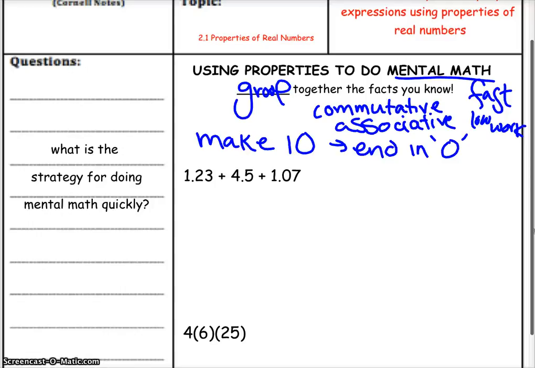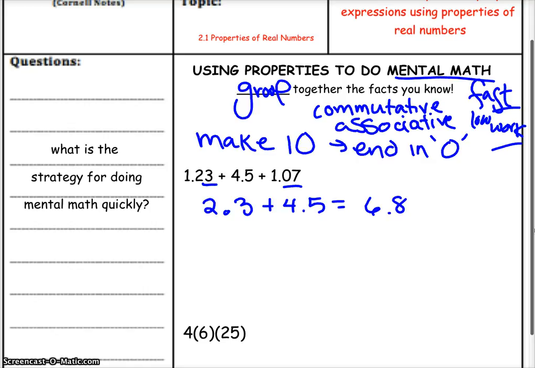So like the 0.23 and the 0.07, do you see why? They end in a 0. 0.07 and 0.23 is going to turn into 0.3. So that turns into 2.3 plus 4.5. Quickly, 6.8. Look, fast, low work.